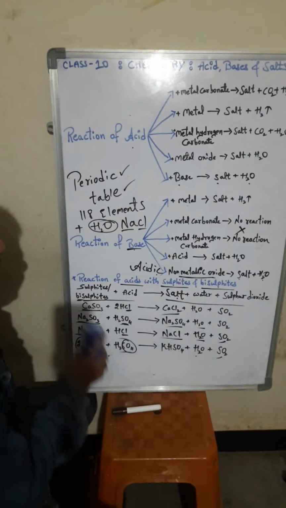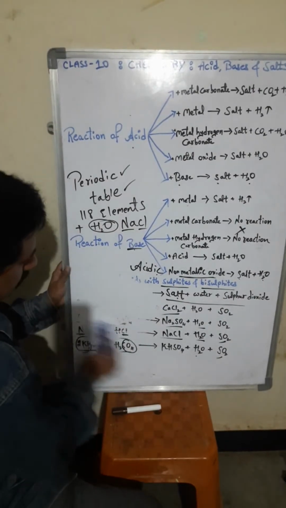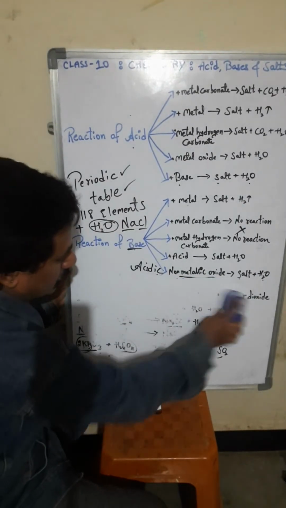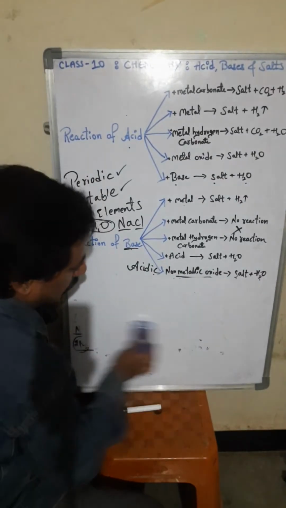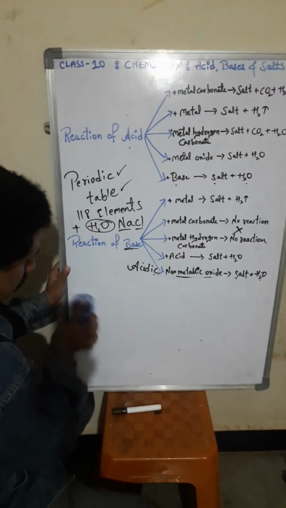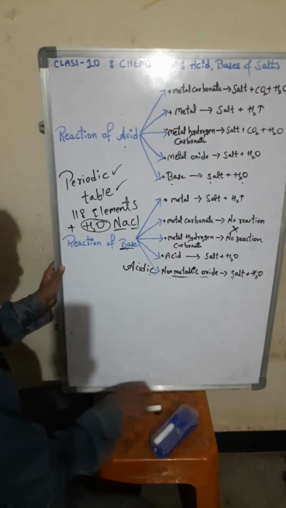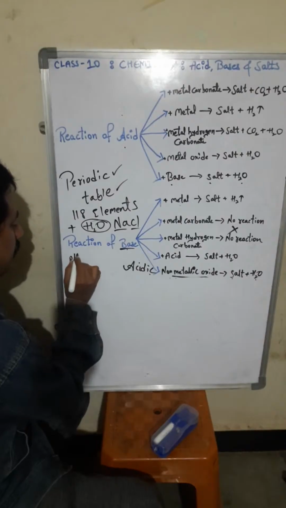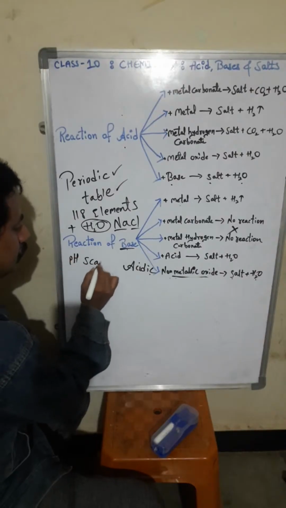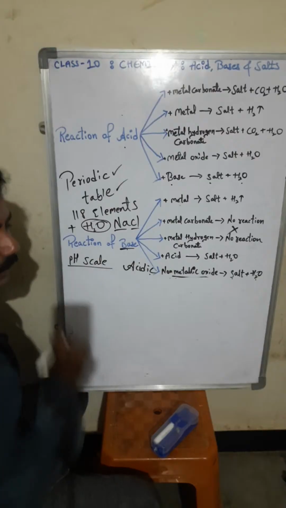Regarding the pH scale, we are going to study now. How is it acid, how is it base, how can we find out? So the pH scale. What is pH? Potential of hydrogen.